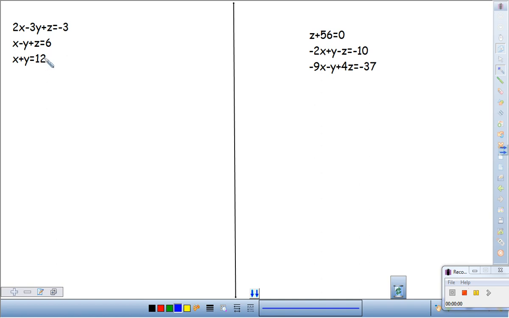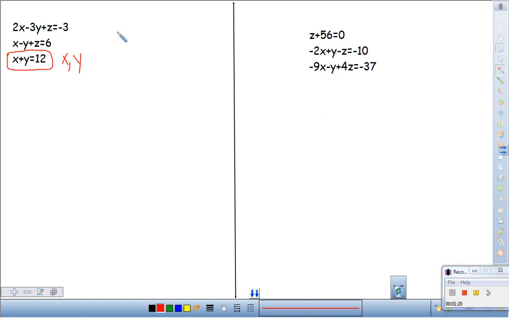So one of the equations only contains two variables, while the other two have all three variables. So I can already sense that if I can modify the other two equations, I could create a system of two equations with two variables, x and y. But how do I get rid of the z in either the first or the second equation?